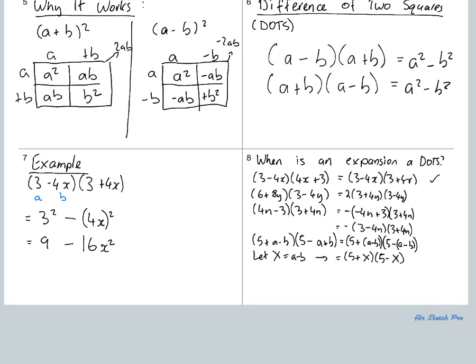So either one of these ones, if you want to try it. Otherwise, you can try 7 minus x, 7 plus x. You can try that.